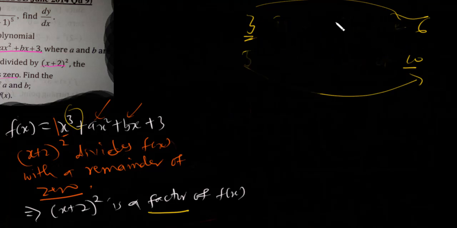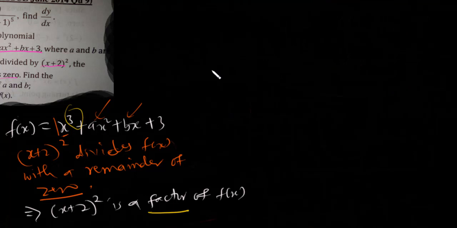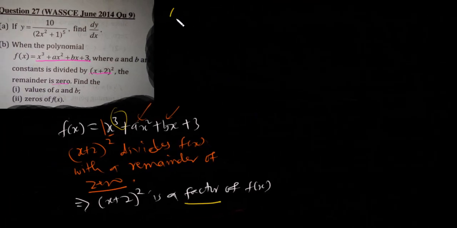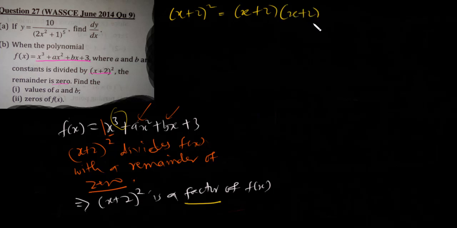Now, (x + 2)^2 can be expanded as (x + 2)(x + 2), because of course (x + 2)^2 is a repeated linear root.